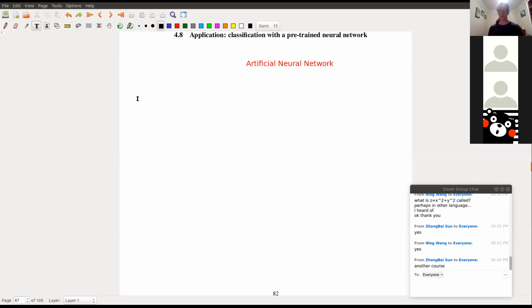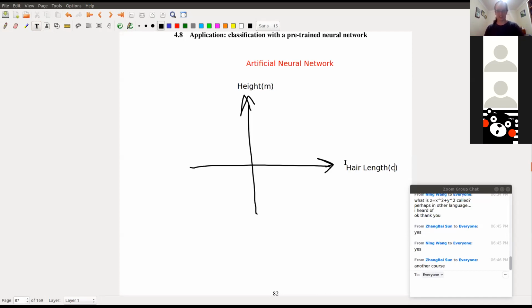So we can use this logistic regression as a classifier. Let's say we've got some data with two features. This axis we're going to say is height in meters, and this one is hair length in centimeters.